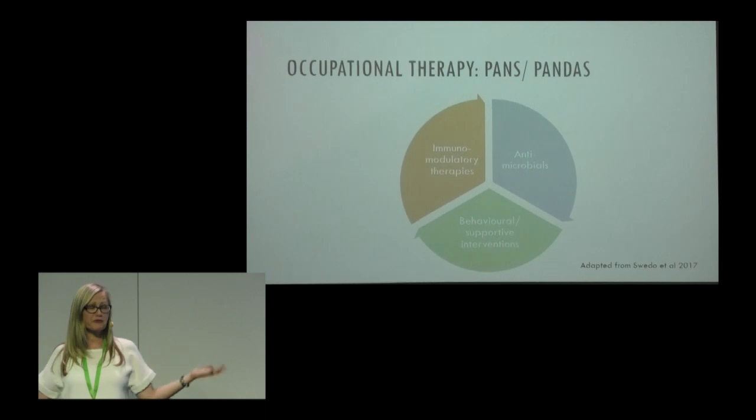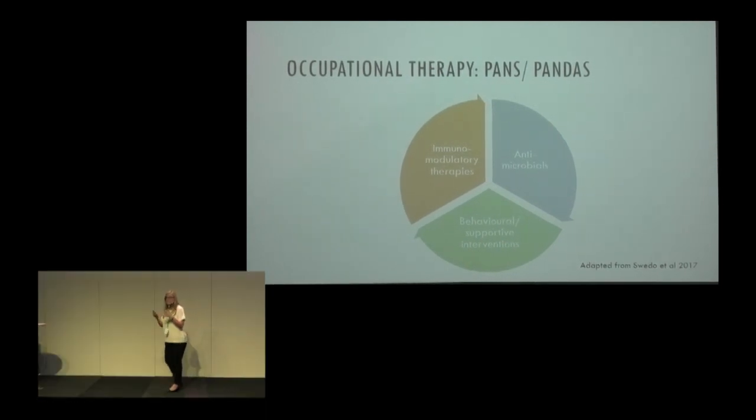So as professionals, for all the medical people out there, I really urge you to just think a little bit more broadly about what other allied health professionals can help these children during those exacerbations when they can't access cognitive therapies like CBT.